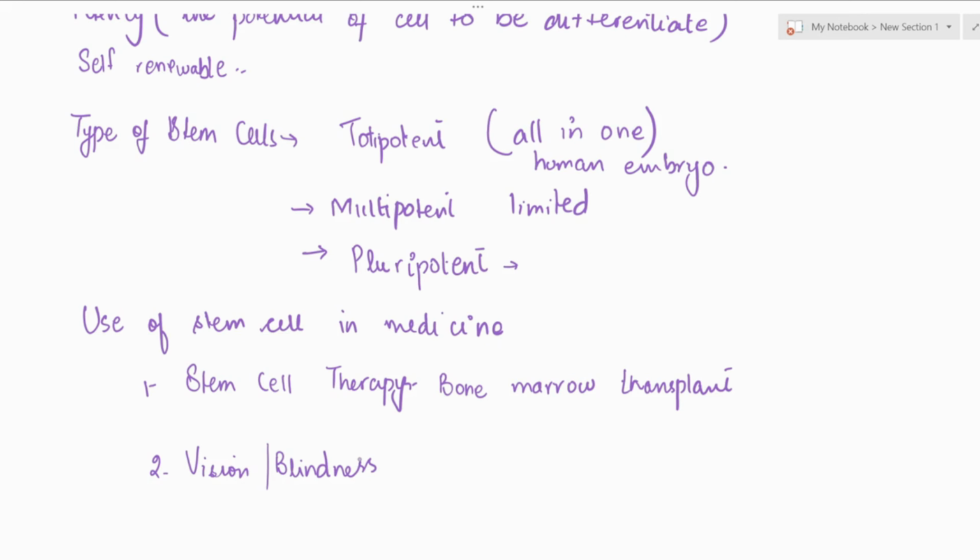For such cells, if it is infected or damaged, we take cells from a healthy person. Of course, we need certain tests before transplanting, to check whether it is compatible or not. Only then can we transplant. Then it is transplanted and develops into normal cells.